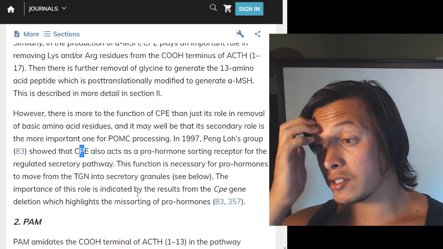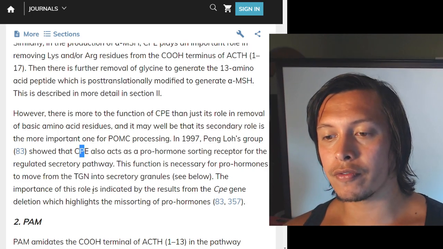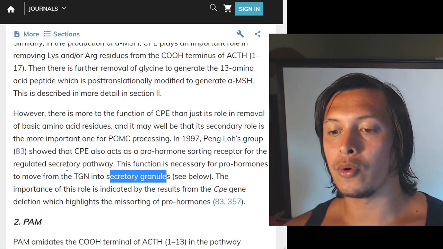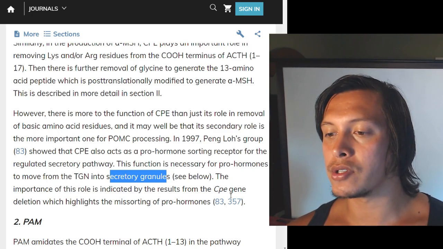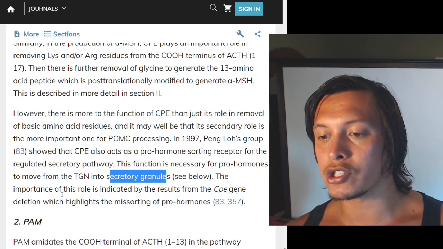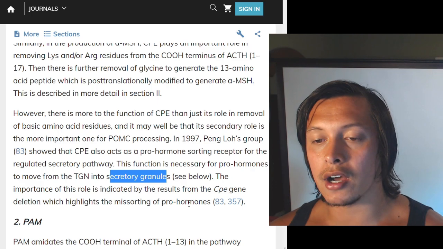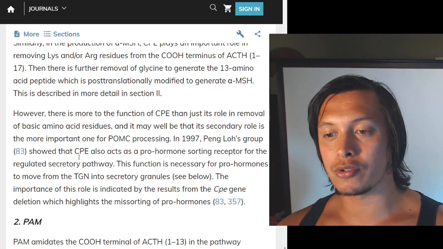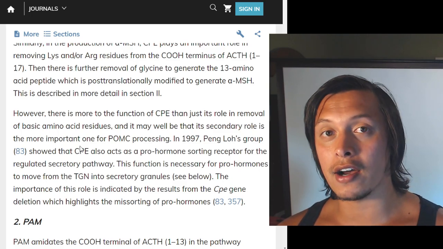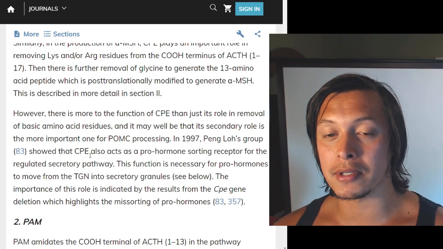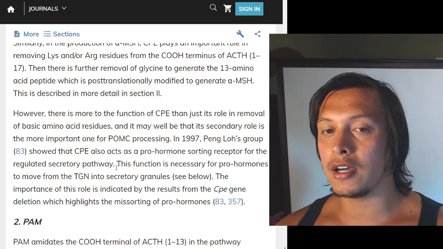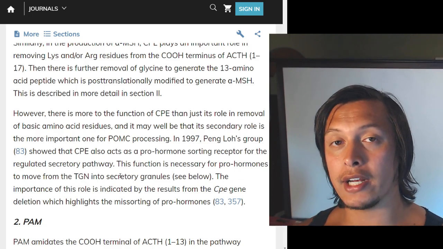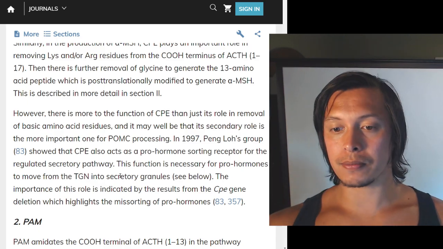This function is necessary for prohormones to move from the trans-Golgi network into secretory granules. The importance of this role is indicated by the results of the CPE gene deletion, which highlights the missorting of prohormones. If you remove the CPE gene, there is a lack of production of carboxypeptidase E, then the hormones will not be processed correctly and not be secreted into the correct locations.